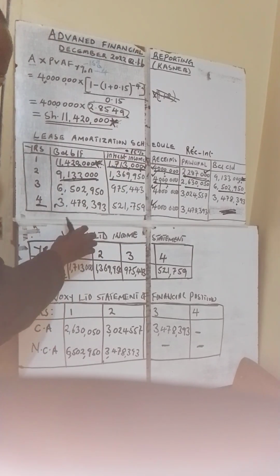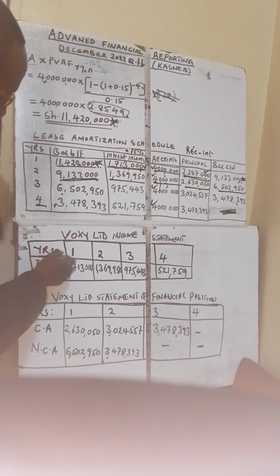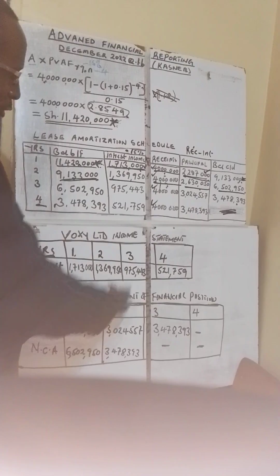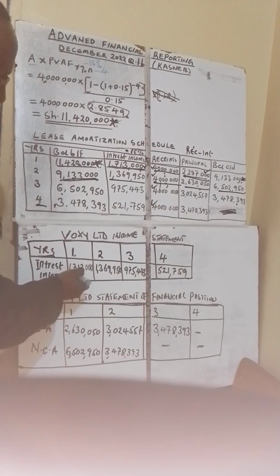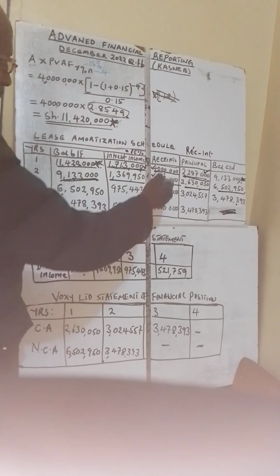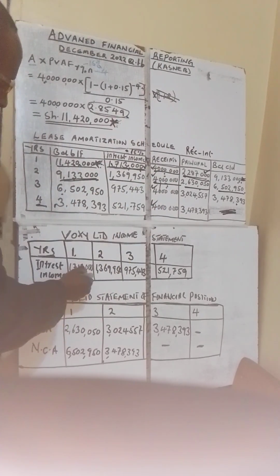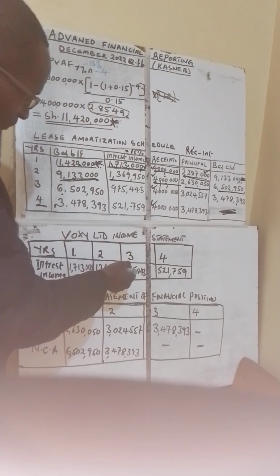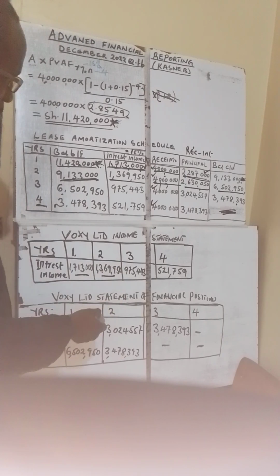So if you want to prepare the Vox Limited income statement, you have years 2023, 2024, 2025, 2026. Then interest income, you will receive this figure here, 1,713,000. Year 2, 1,369,000, and then year 4, 9.